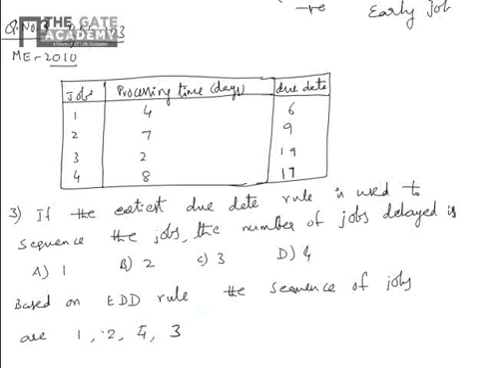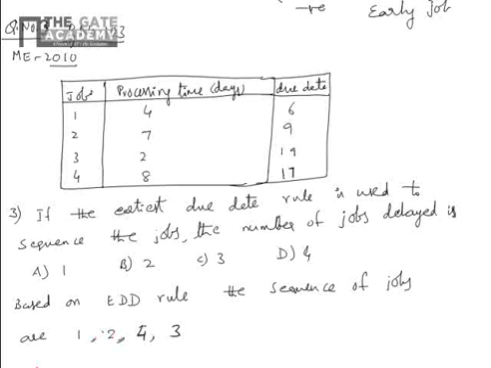Why? Because job 1 has the least due date, so you need to deliver it first. Job 1 in 6 days, job 2 in 9 days, so before delivering the second job you must deliver the first job. Third job has 19 days, so before the third job you need to deliver the fourth job. That's why the fourth job is given preference.